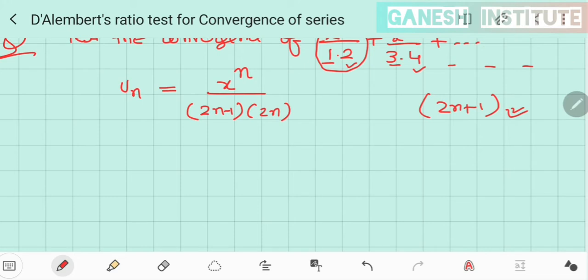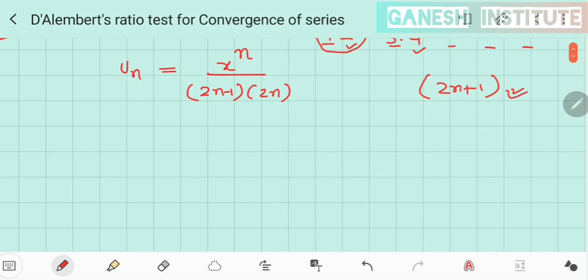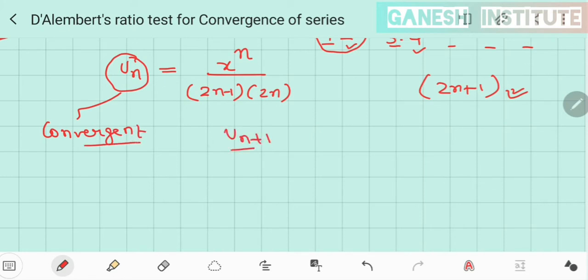Now remember this bit: when it comes to D'Alembert's ratio test, there are three things you need to take care of. To check whether the series is convergent or not, you need to find the ratio of un plus 1 and un, and take the limit as n tends to infinity.